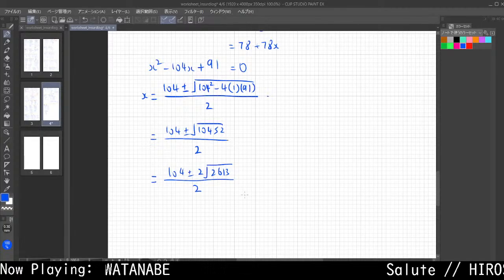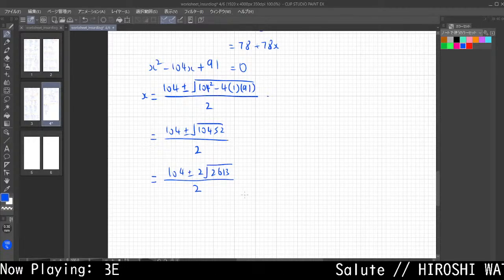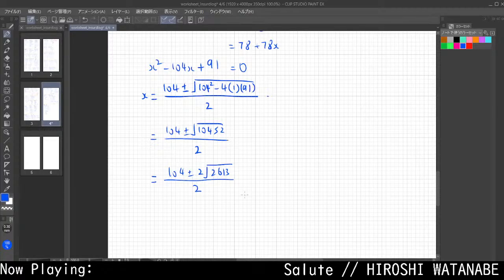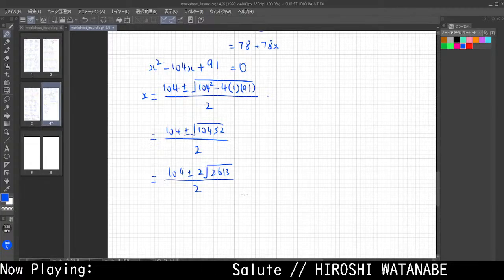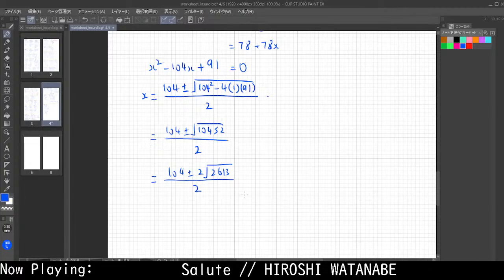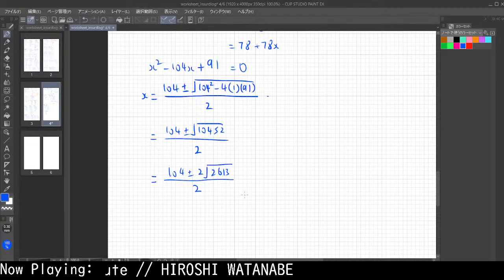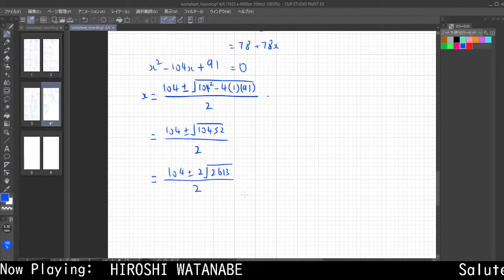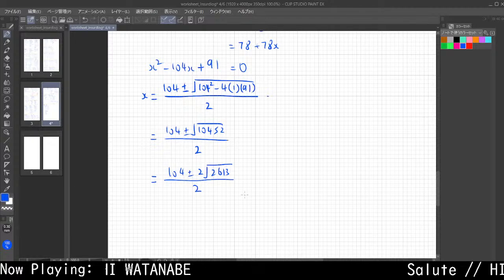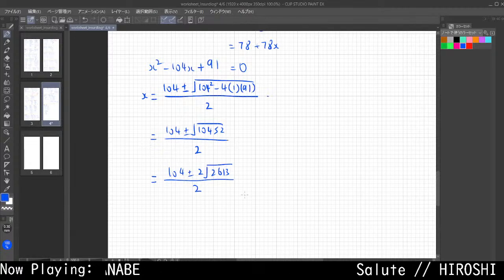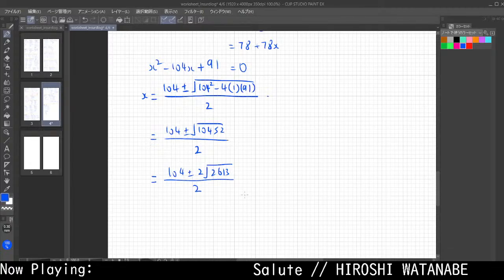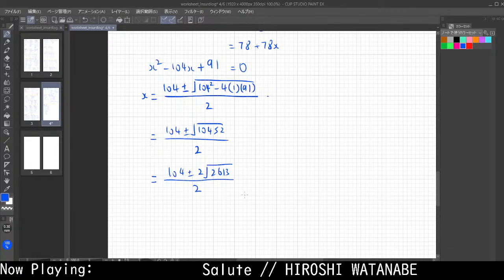If you continue to simplify it, let me see. Okay, I can't. 8, 7, 1. What can I do with this? 9.